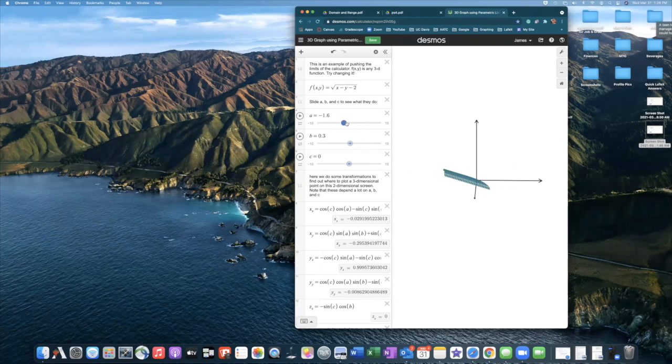Let me move it around even more. Sorry. I know it's super helpful. Now I'm having problems. Need a little perspective here.